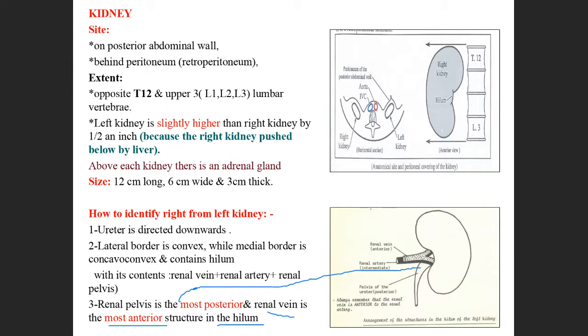Okay, the renal pelvis is the most posterior part and the renal vein is the most anterior structure present in the hilum.